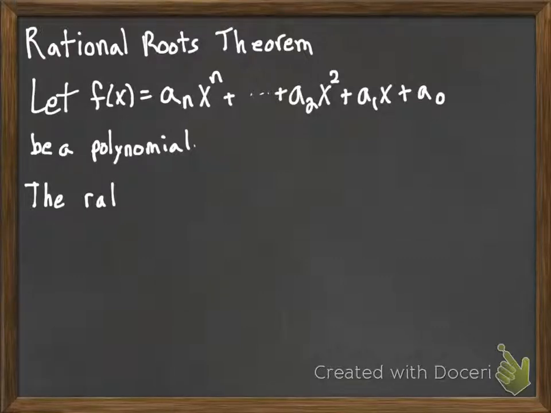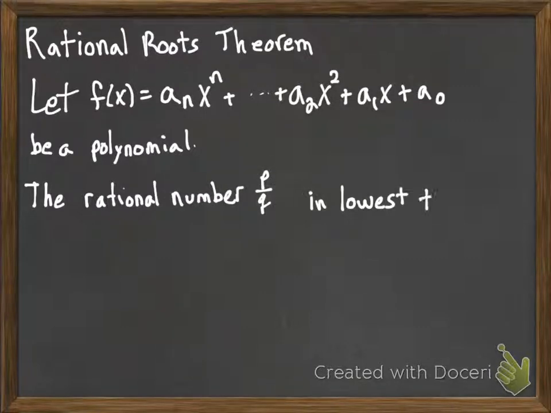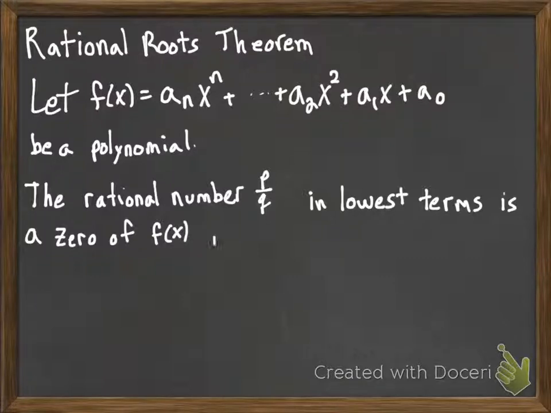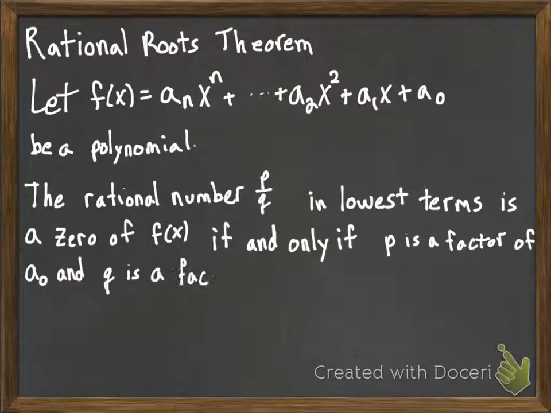We then say the rational number p over q, in lowest terms, so it has to be in reduced terms, is a zero of f of x if and only if p, the numerator, is a factor of the constant term a0, and q is a factor of a sub n, the coefficient of the highest power. So it turns out we only have to look at those.